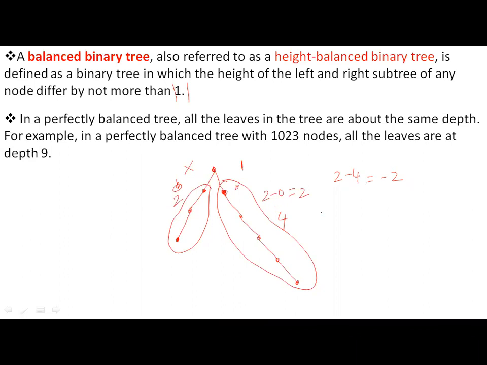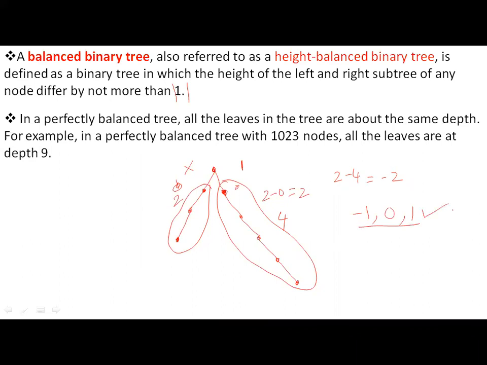Generally, we take the height of the left subtree minus the height of the right subtree. If the result is within these values, either -1 or 0 or 1, then that tree is called a balanced tree.